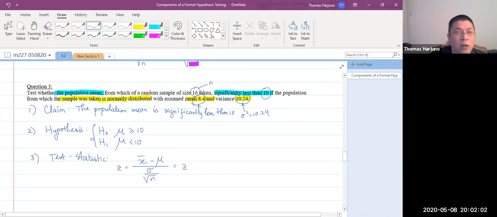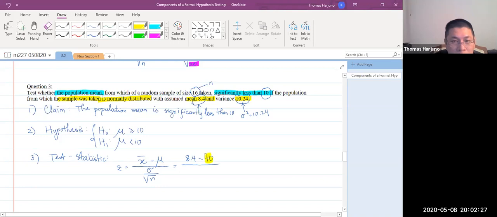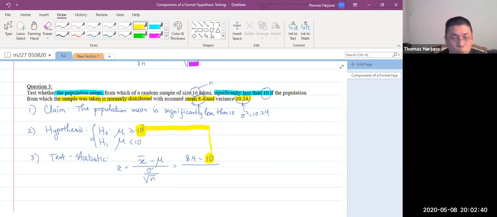Now the X bar is 8.4 minus 10. Don't forget, this mu here always comes from the constant of the null hypothesis in step 2.